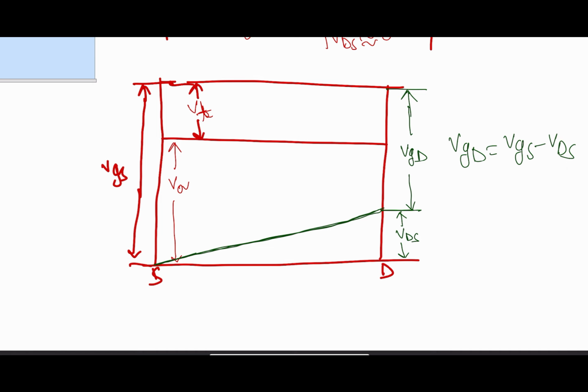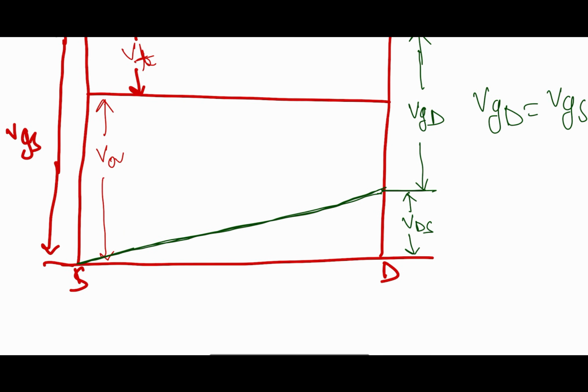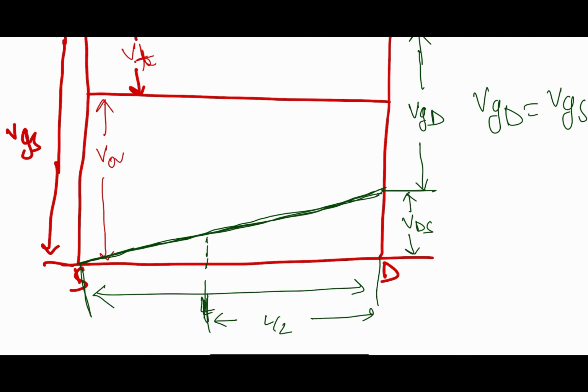So that means if I try to take the average of this curve, the length of this channel is L. I already explained in my last video, the length of this channel is L. So here this will be L by 2, and this will be L. At this point, what is the voltage?